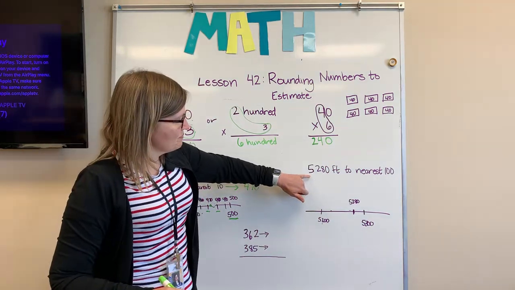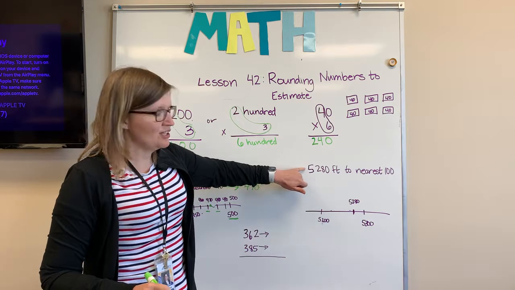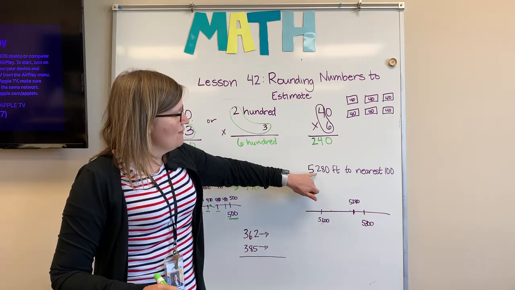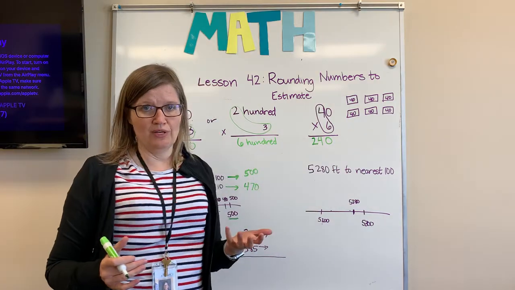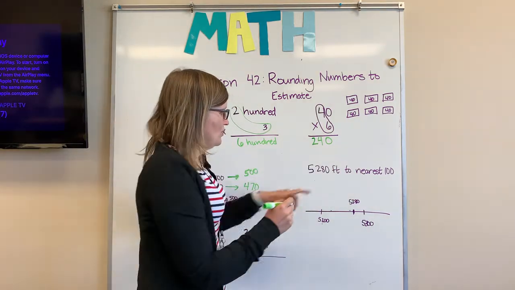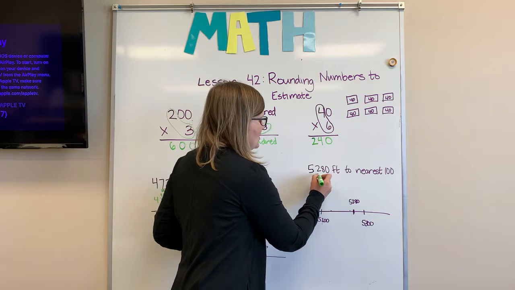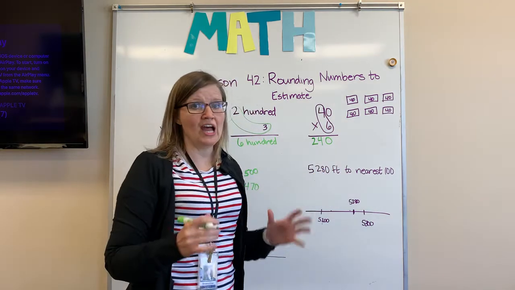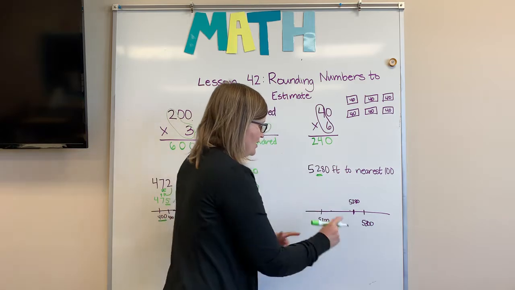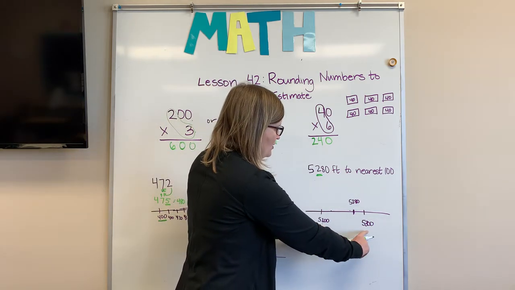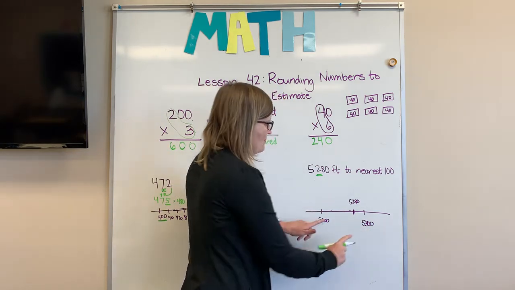In this one, I want to make sure that you have this solid. 5,280 feet to the nearest 100. So we've got to know our place values. We need to know what they're asking. They want to know what's the nearest 100.